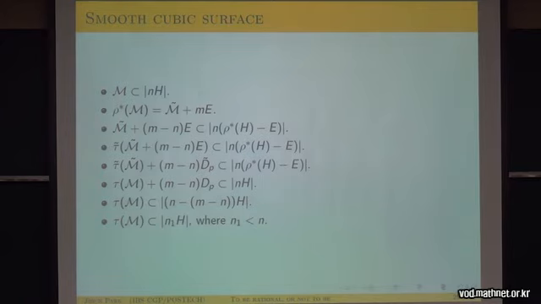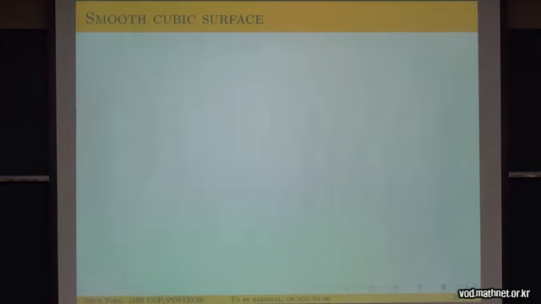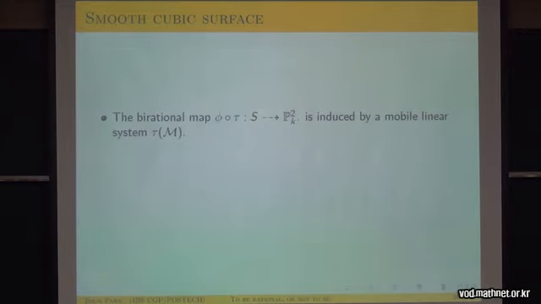If so, you can see this birational map. At the beginning we consider this pi from S to P2. That was our original birational map, right? But I composed this tau involution, a birational automorphism. So tau and then pi.